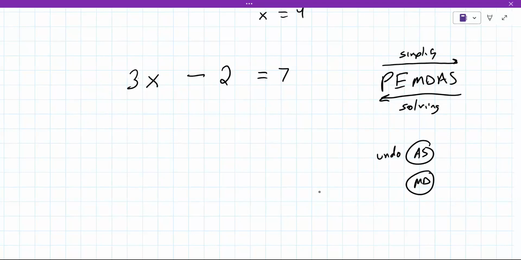So you just change the signs? Well, you add 2 to both sides. Whatever you do to one side, you have to do to the other.